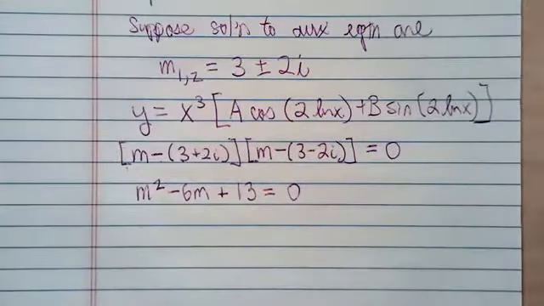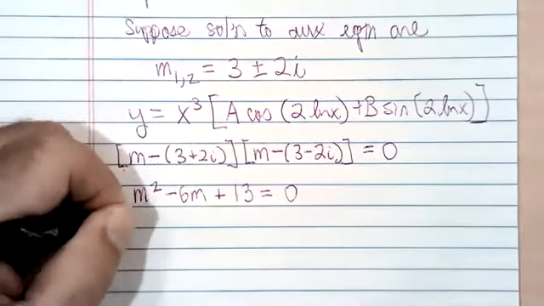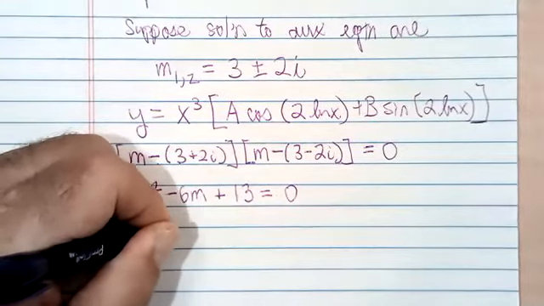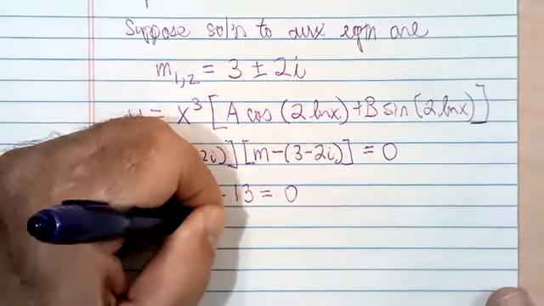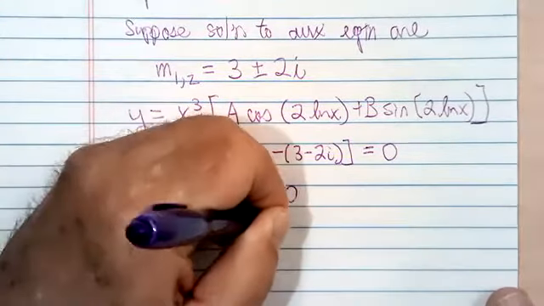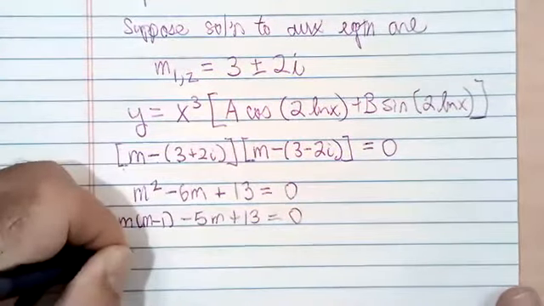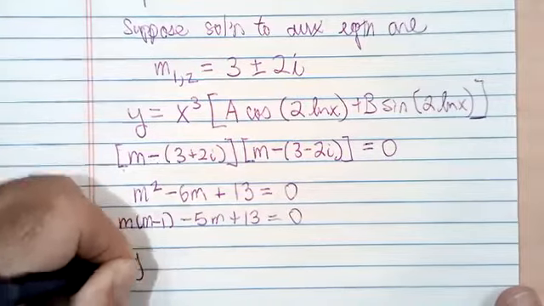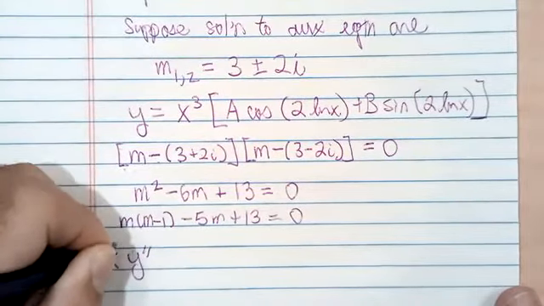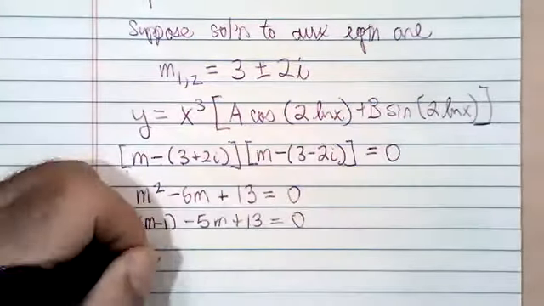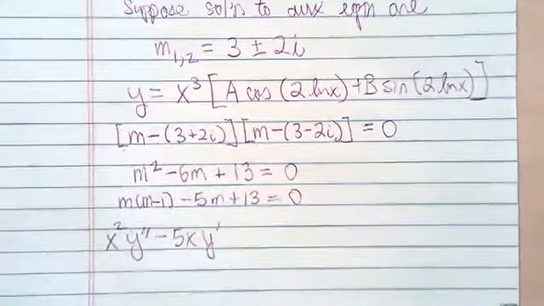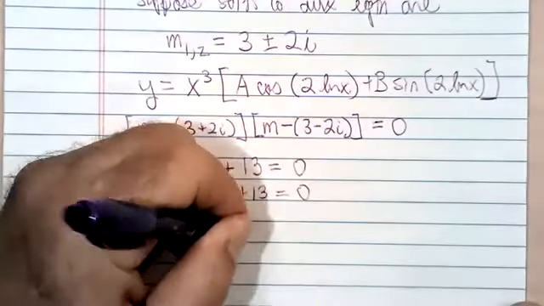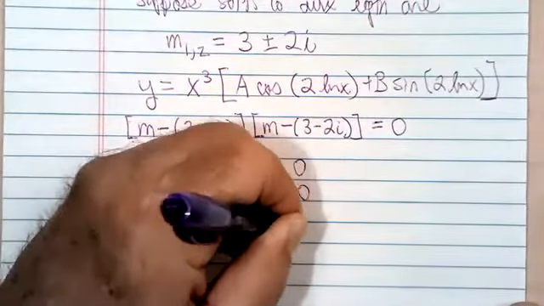So that should be the auxiliary equation, which could be rewritten this way. Which means that the ODE should be this. x squared y double prime minus 5x y prime plus 13y equals 0.